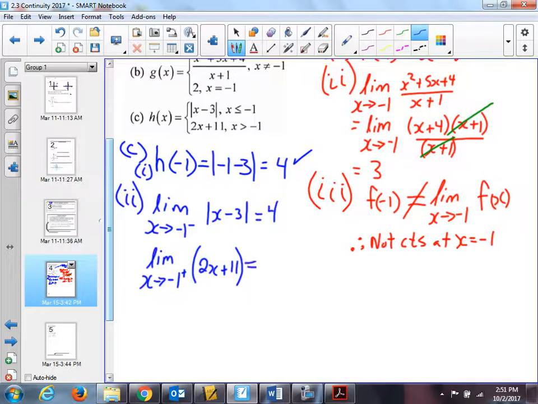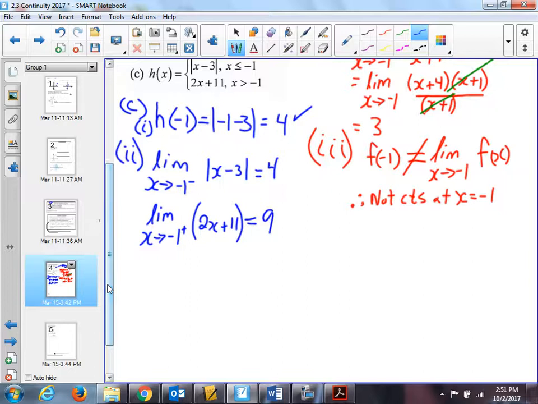And basically you sub in -1, and you got -2 plus 11, that's 9, right? So do the left and the right side limits match? No. So that means the limit of x approaching -1, both sides, for the function h of x is undefined.